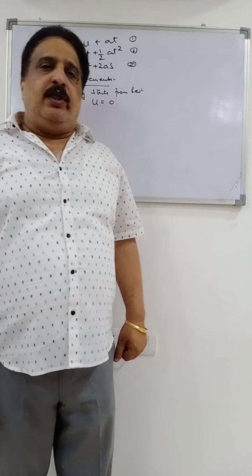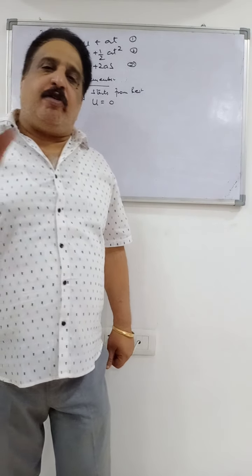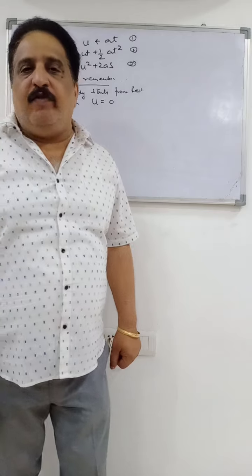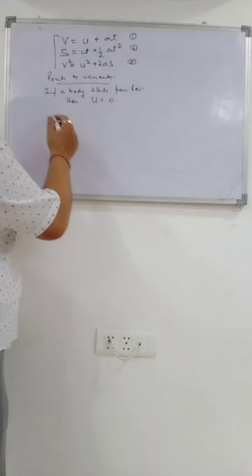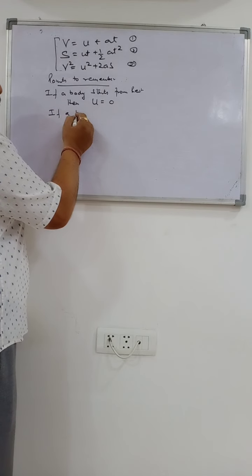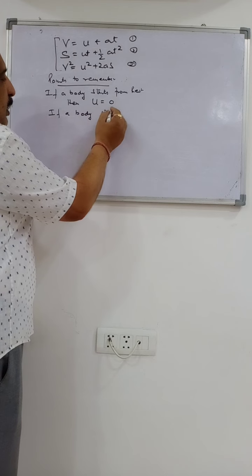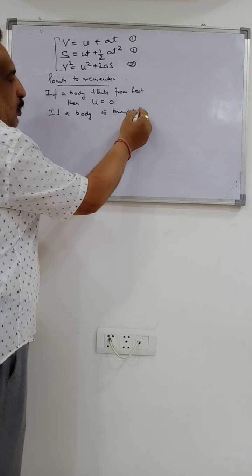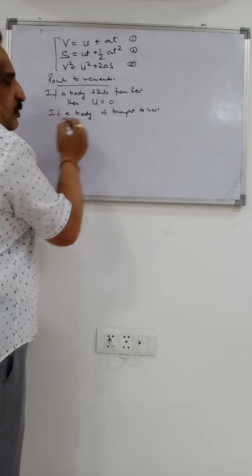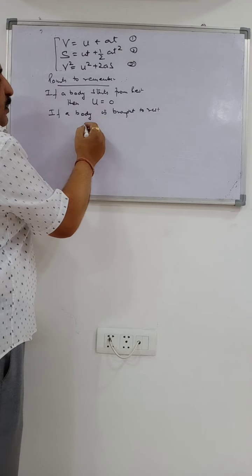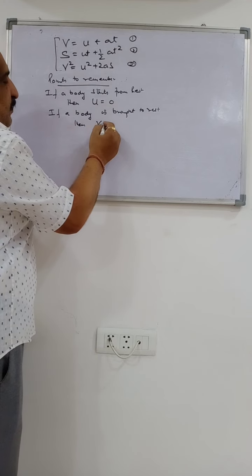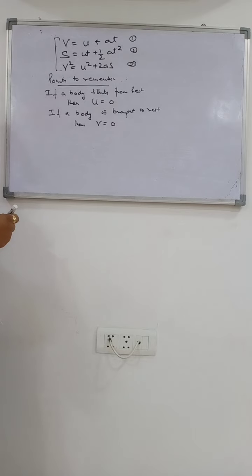And if a moving body is brought to rest, then the final velocity will be zero. Do you understand brought to rest? Initially the body was moving but now it has been brought to rest, then v is equal to zero. This you have to remember.